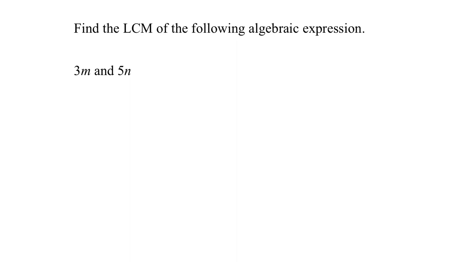Hello everyone, welcome to this part of the problem where we are required to find the LCM, lowest common multiple, of 3m and 5n. For this, I'm going to express them as their respective prime factors.